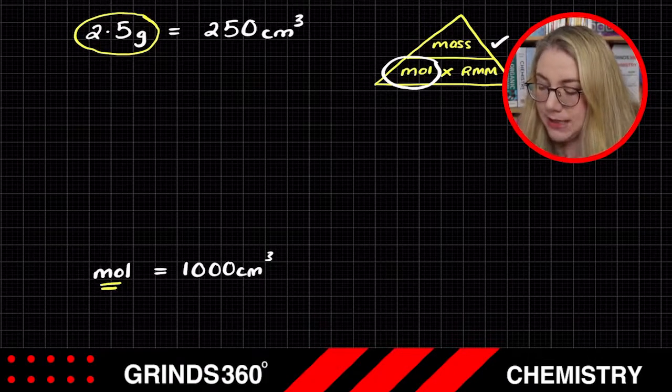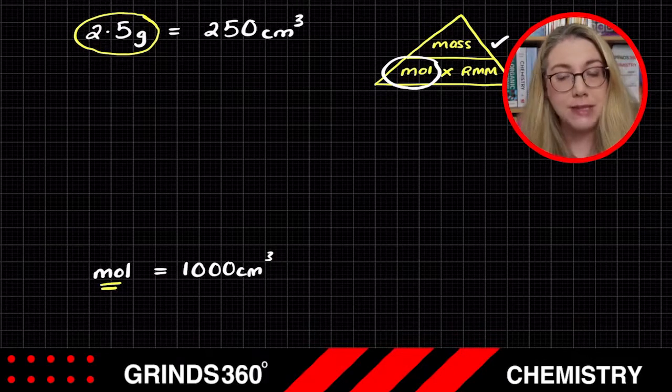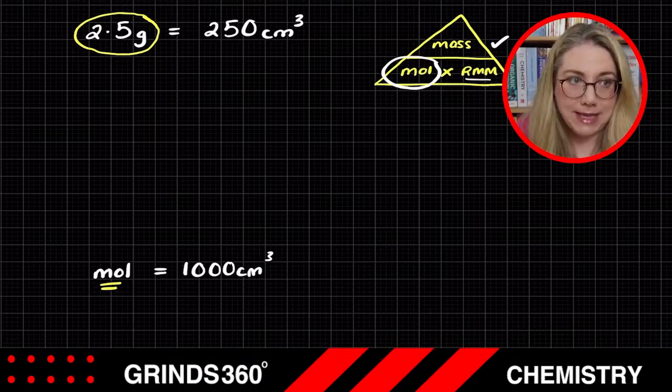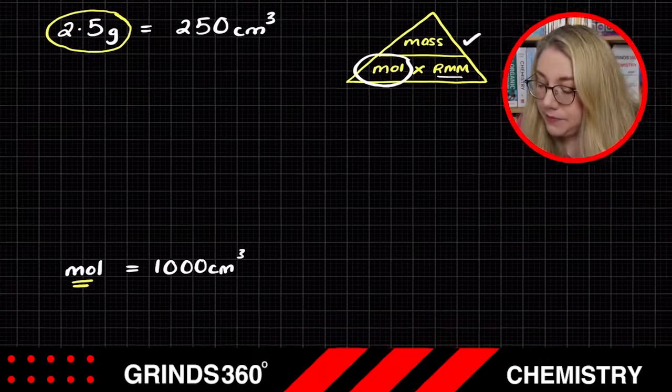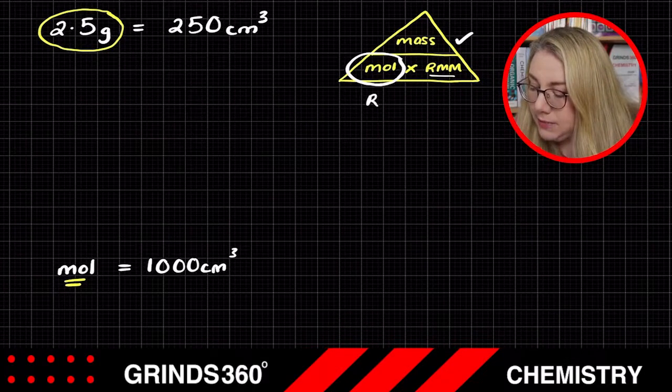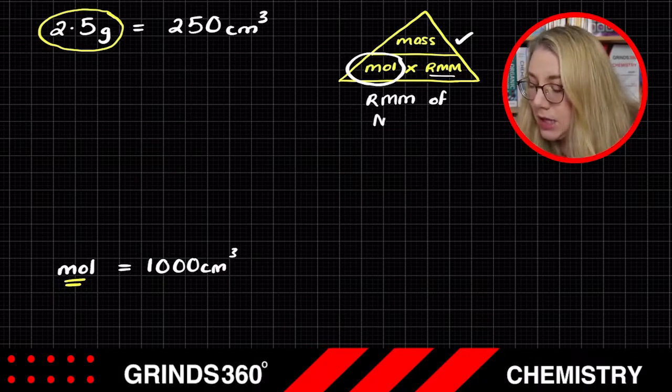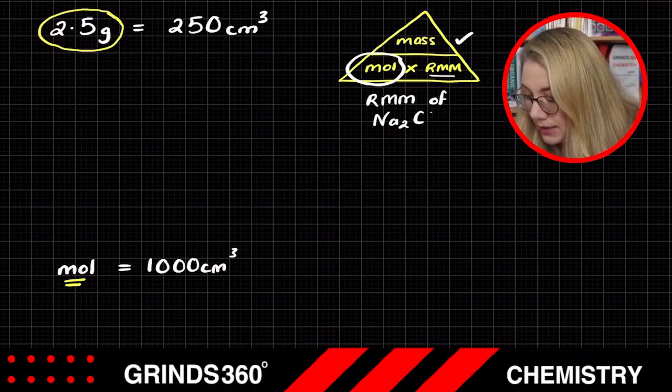We know the mass because that's given to us as 2.5 grams. That's the amount of the solute. But we don't know what the RMM is. So we're going to calculate that. Now, the relative molecular mass of whatever the substance is, which is sodium carbonate.